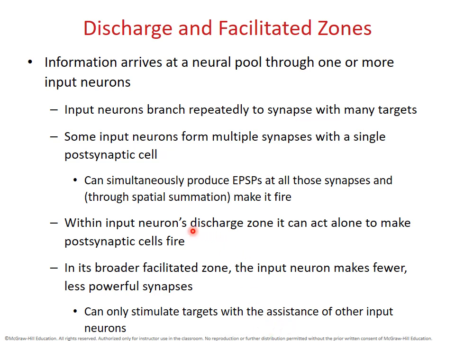And so a single neuron usually has a more narrow discharge zone, relatively fewer neurons that can actually stimulate all by itself, and then it tends to have a broader or wider facilitated zone, many more neurons that it can stimulate, working only with the help of other neurons.